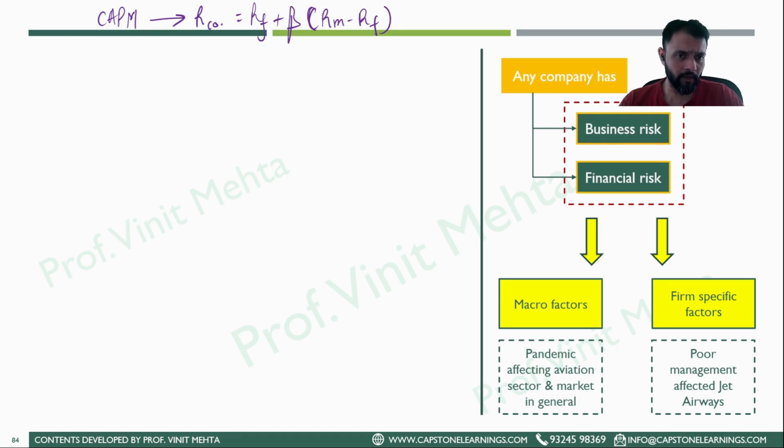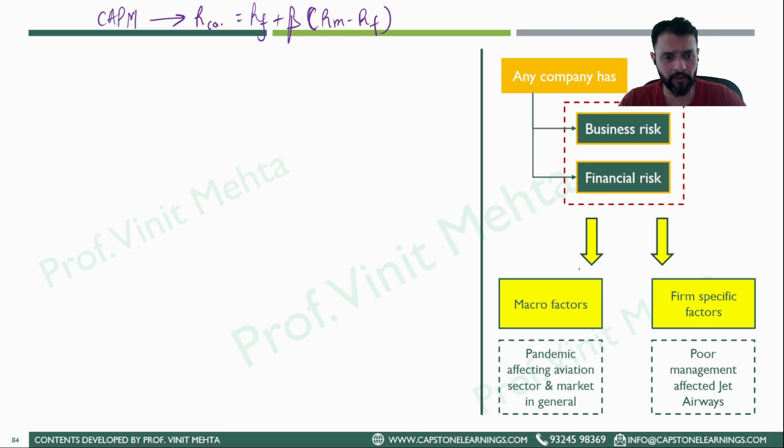But before that, I want you to realize that any company has two risks: business risk and financial risk. If you have seen systematic and unsystematic risk, that's not a company risk. That's risk discussed in the context of return and portfolio. From the business point of view, any company has two risks: business risk and financial risk.